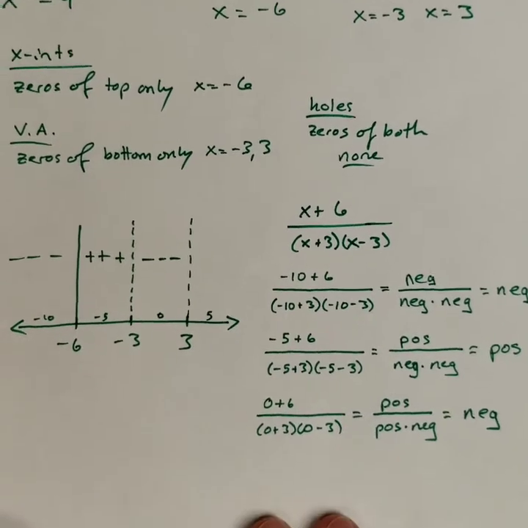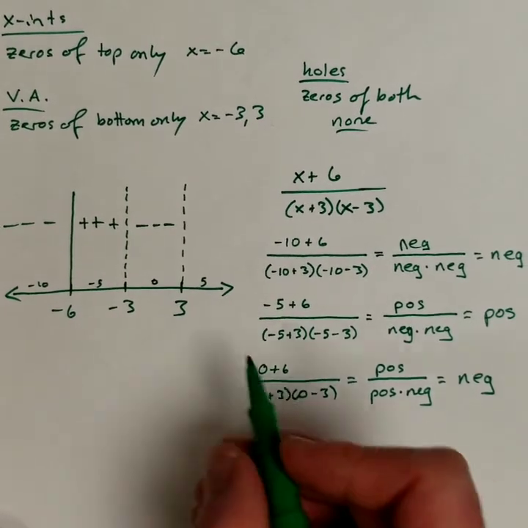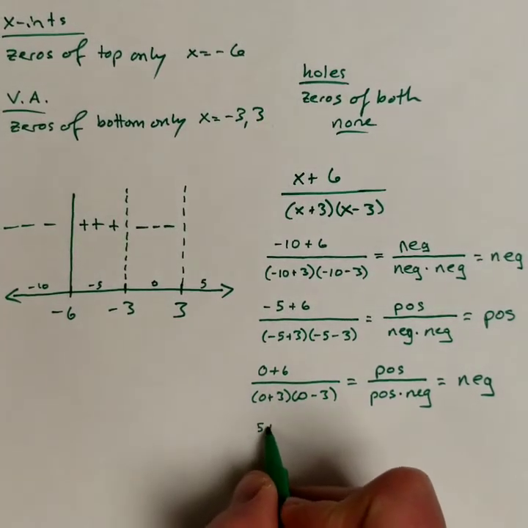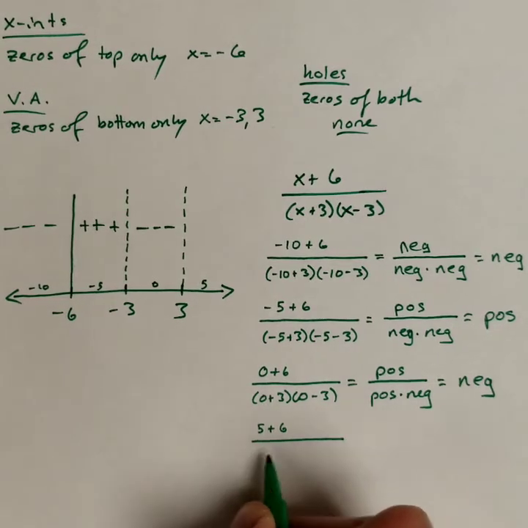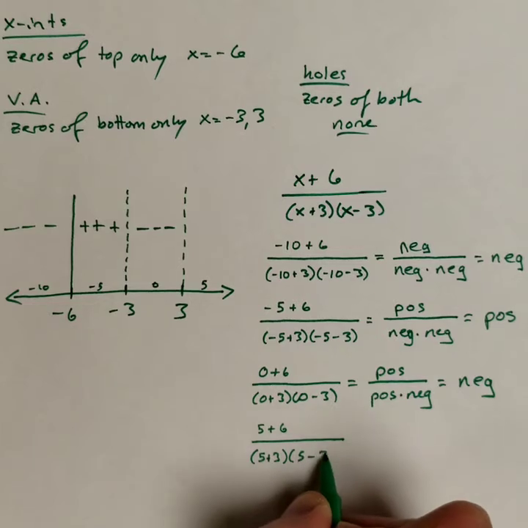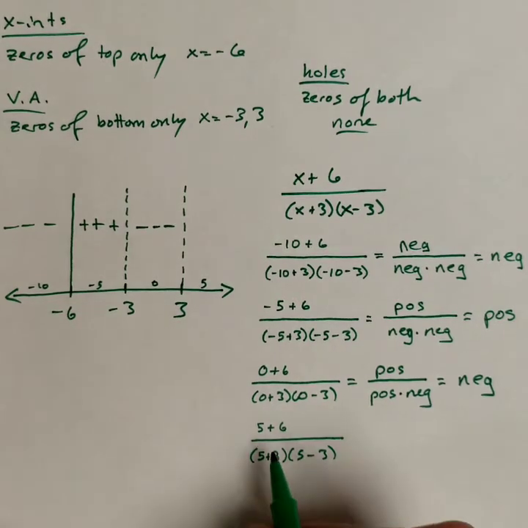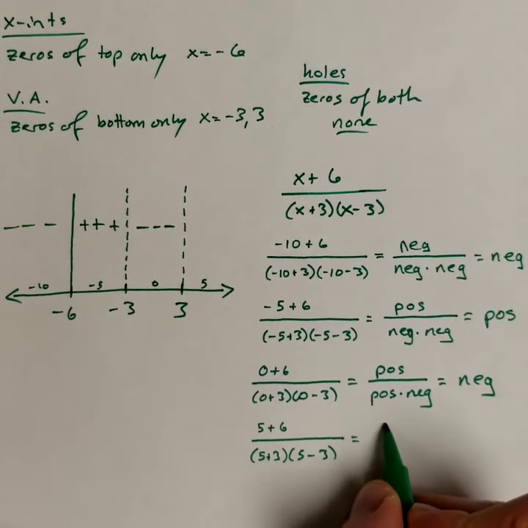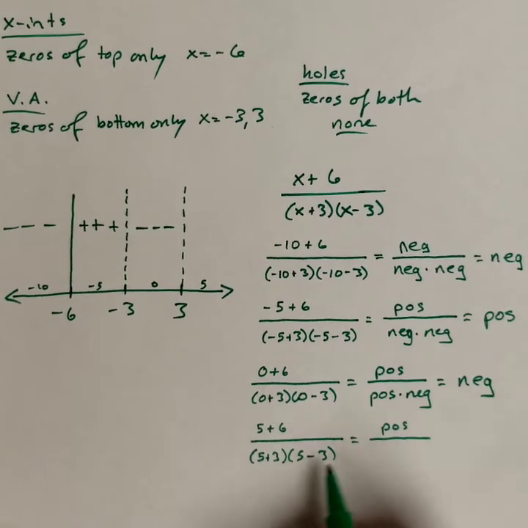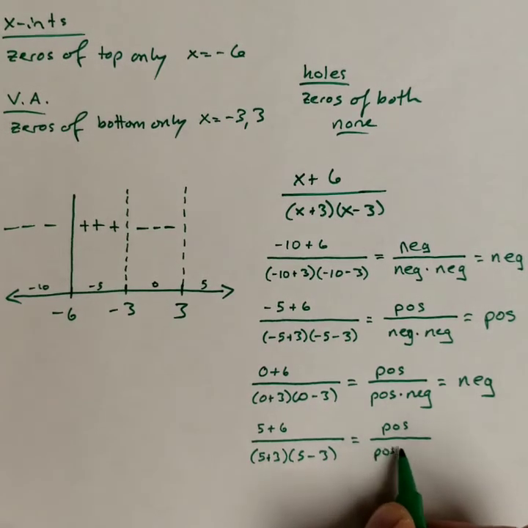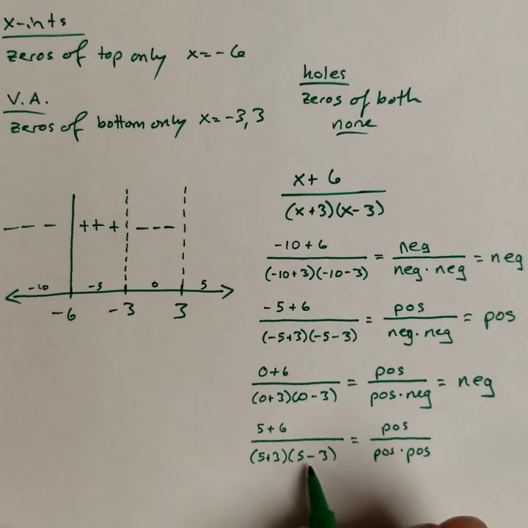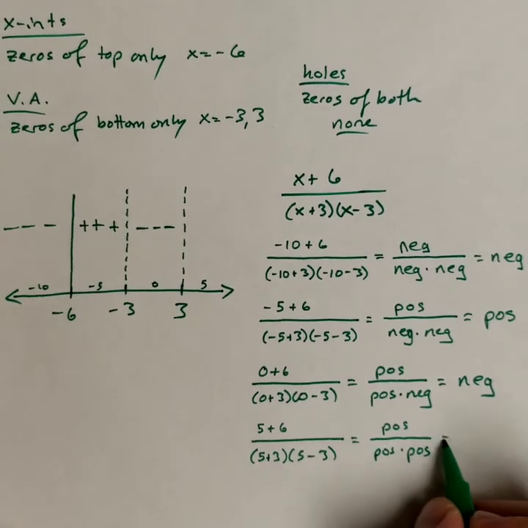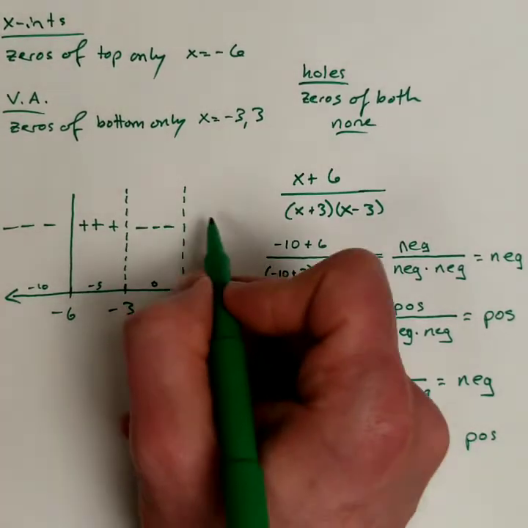And finally, with the 5, I get 5 plus 6 over 5 plus 3 and 5 minus 3. That's a positive on top. A positive times a positive on the bottom. And so that will give me a positive output.